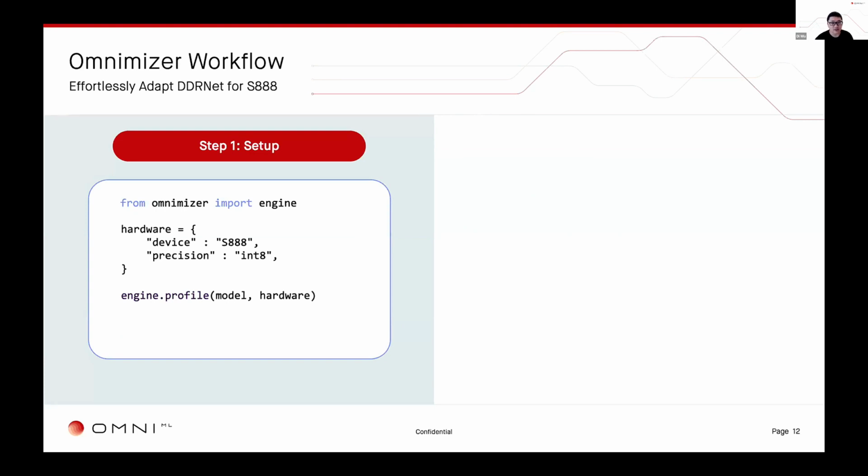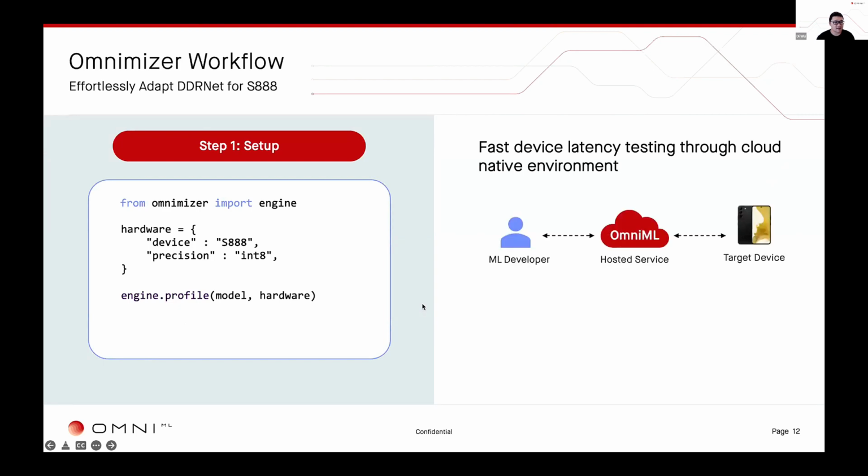They support virtually any workflow that is based on PyTorch. First, we have the original DDRNet model, and we have the hardware, which is specified to be S888 using Int8. The Int8 is actually optional because running on the DSP, the model can only be running on Int8. And then the engine profile command will provide the real latency tested on the target device through our service and back to the developer.